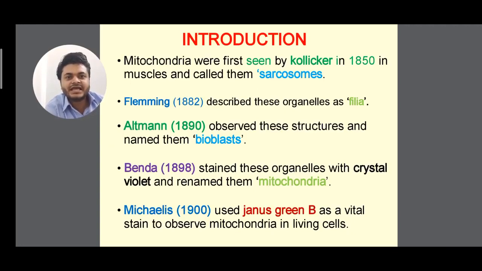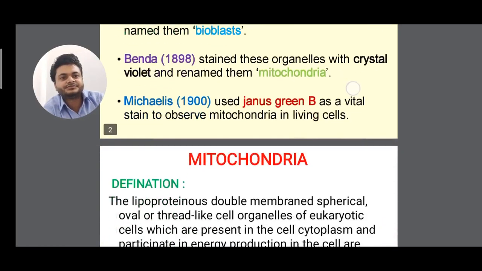Benda in 1898 stained these organelles with crystal violet and renamed them mitochondria. Then Michaelis in 1900 used Janus green B as a vital stain to observe mitochondria in living cells.